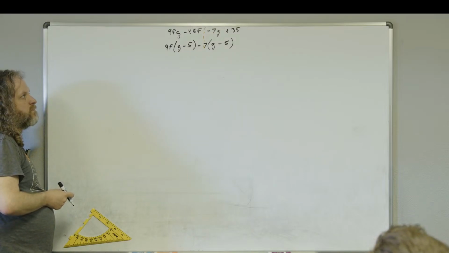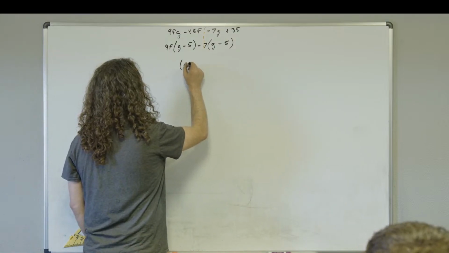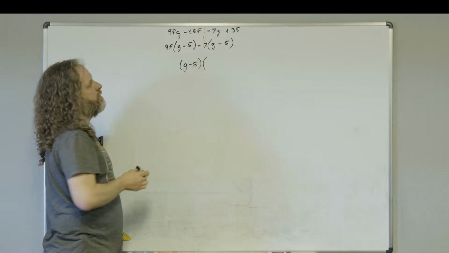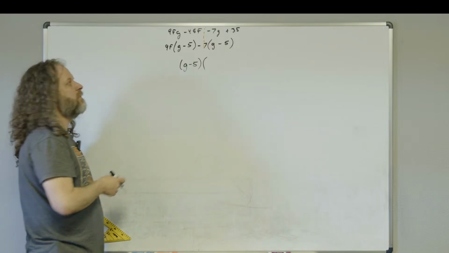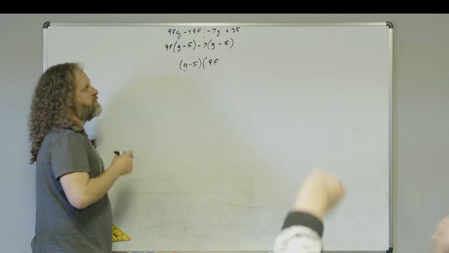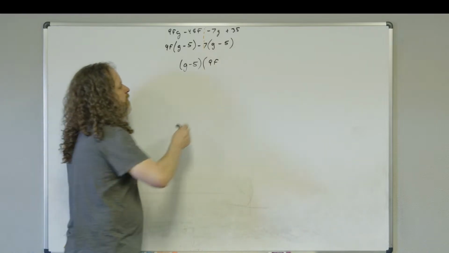We can factor out G. We can. We factor G minus 5 out of the first one. What's left? The first one. 9F. We take a G minus 5 out of the second one, what's left? Negative 7.